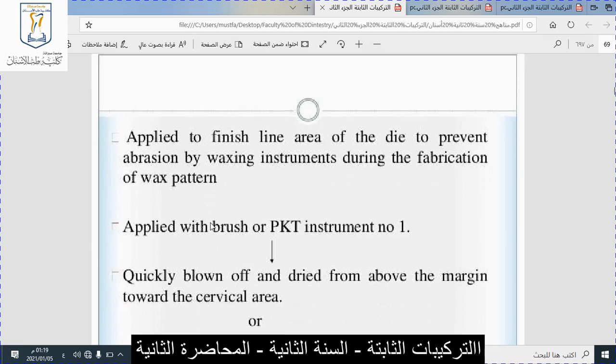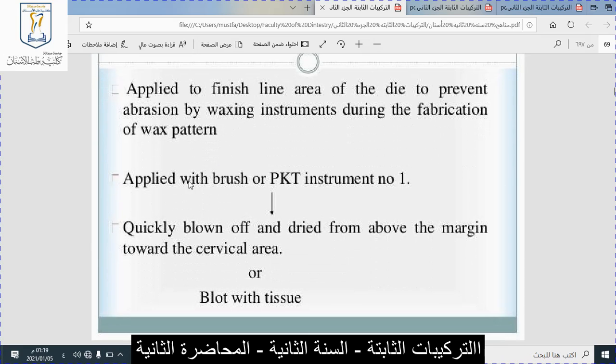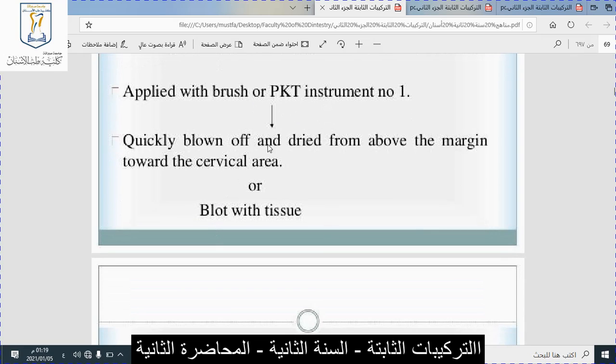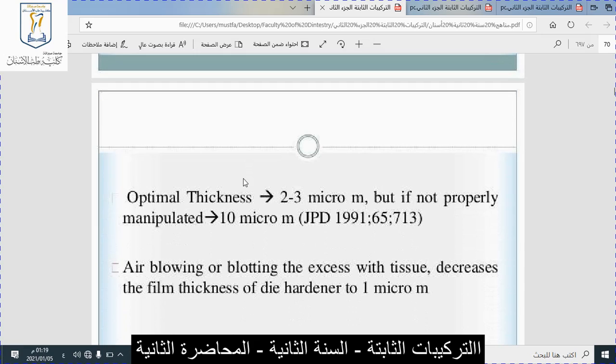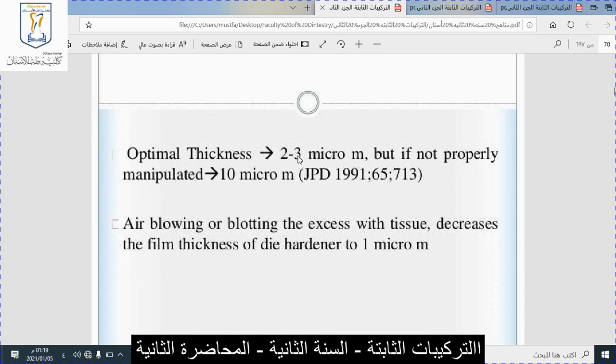At the finish line or margin, apply with a brush or instrument, then quickly blow off the excess above the margin toward the cervical area, or blot with tissue, so you have it from the margin to the cervical areas.